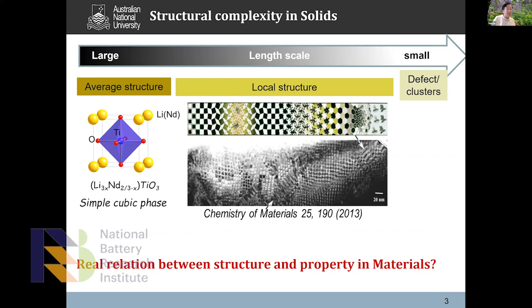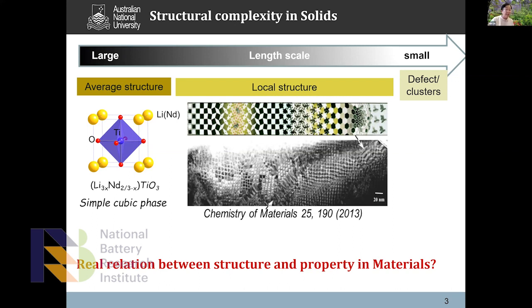So that is the average structure. If you base it on Bragg's law, the diffraction will be an average. That's why we call it the average structure characterized by X-ray diffraction and neutron diffraction, based on traditional Bragg's law. So we call that traditional X-ray crystallography.